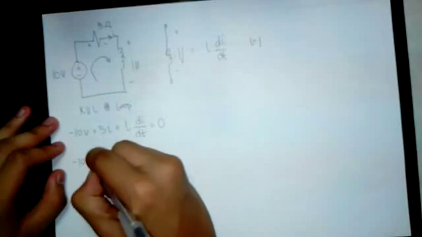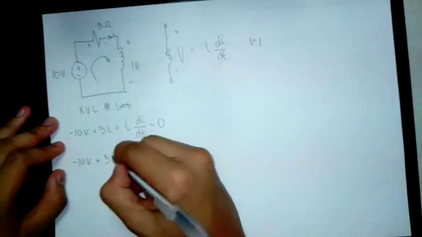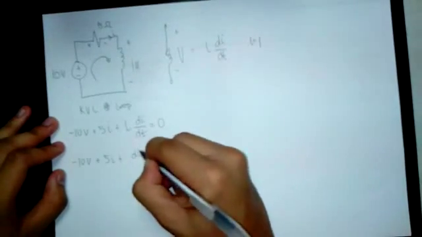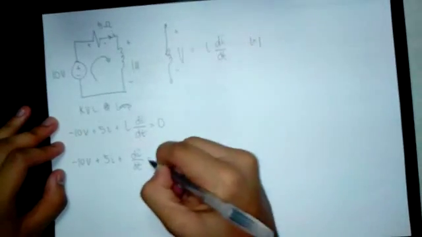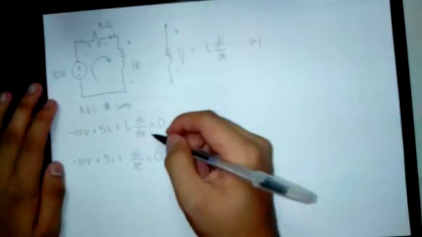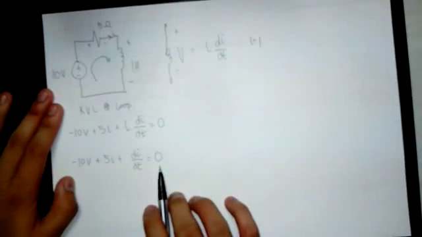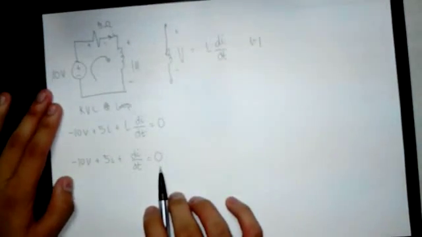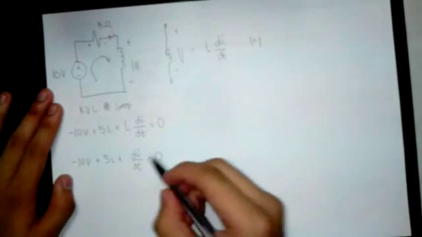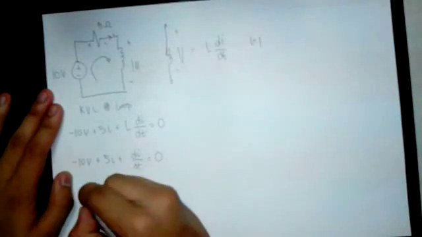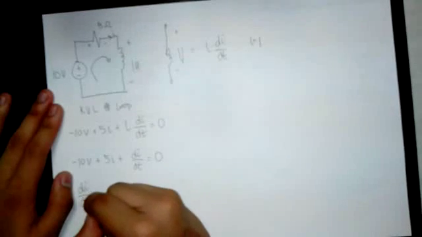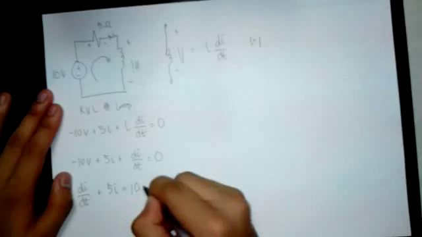So, rewriting the equation, it would be negative 10 volts plus 5I plus di over dt equals 0. Now, we need to transpose negative 10 volts, so we will have a positive value. So, the equation would be di over dt plus 5I equals 10.